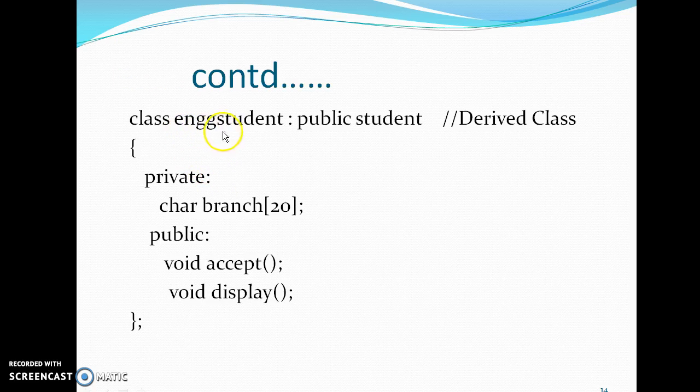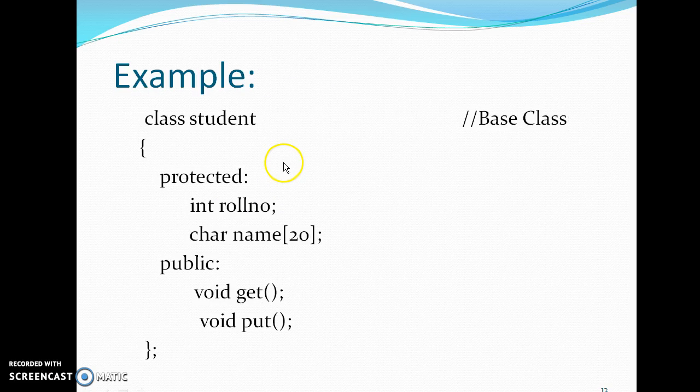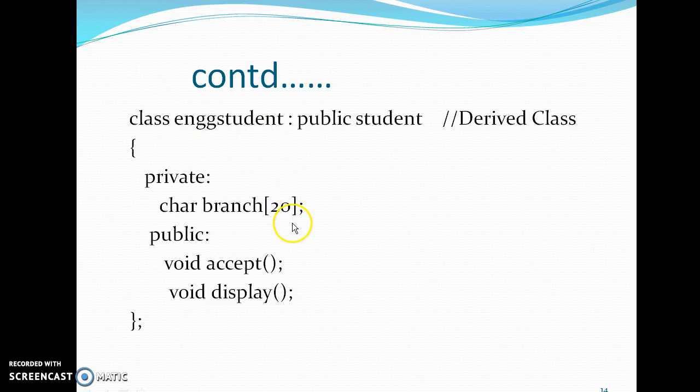Now the engineering student class is derived publicly from student. Here just one extra piece of functionality is added, which is branch. Now let us see what inheritance exactly does here. As we know, roll number, name, get and put are the members of student, so they are still present in the engineering student class, as this class is derived from student.